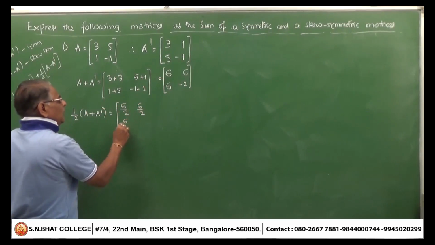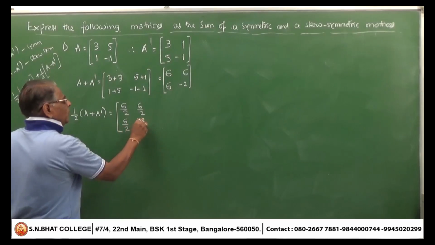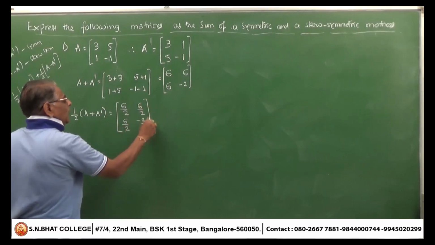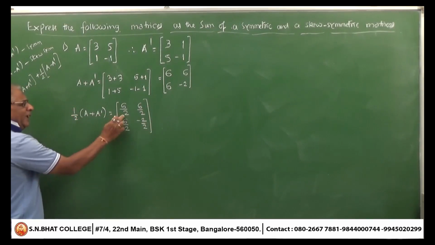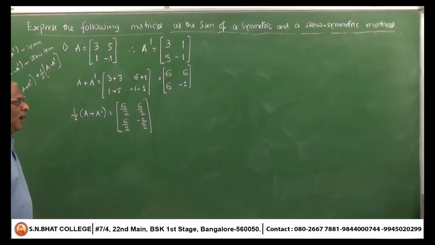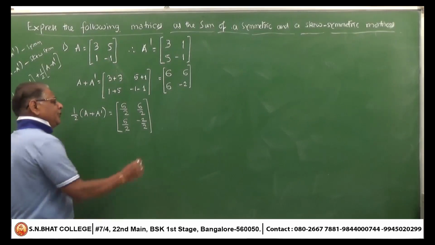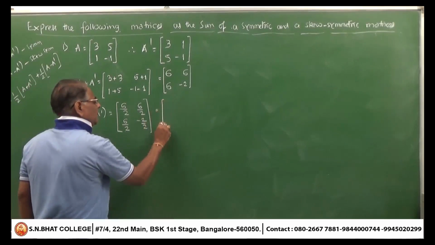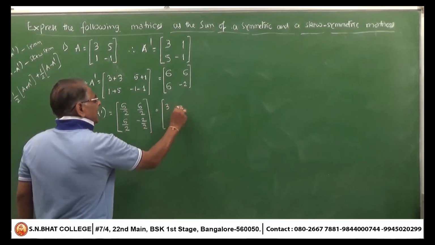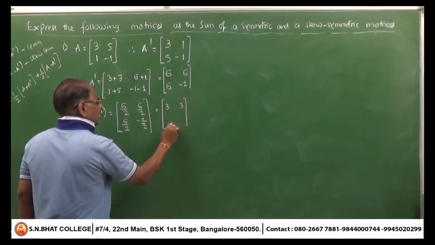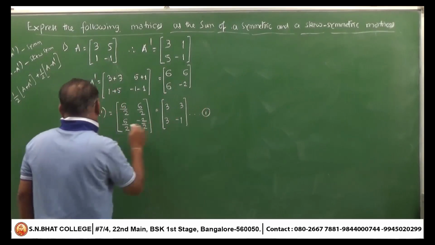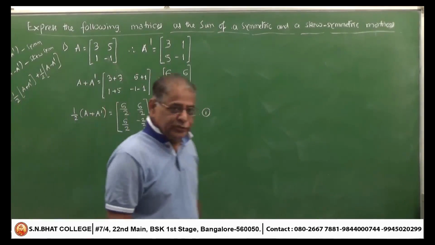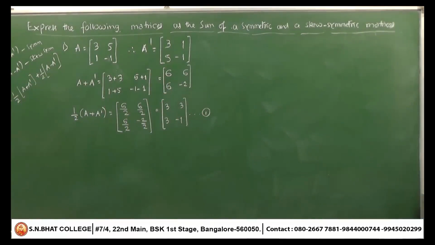This is the scalar multiplication of the matrix. 6 by 2 is 3, again 6 by 2 is 3, 3, and minus 2 by 2 is minus 1. Equation number 1: half into A plus A transpose is 3, 3, 3, minus 1.